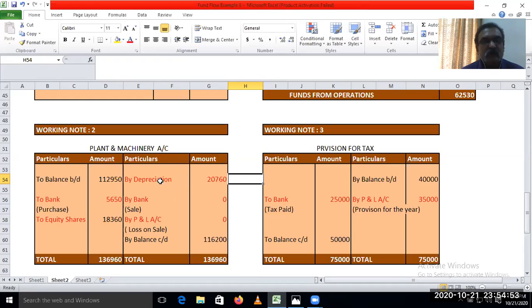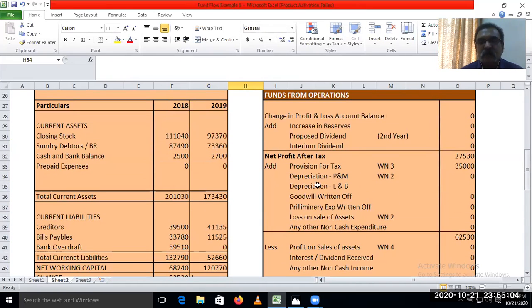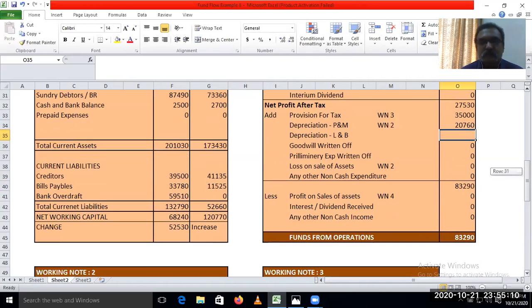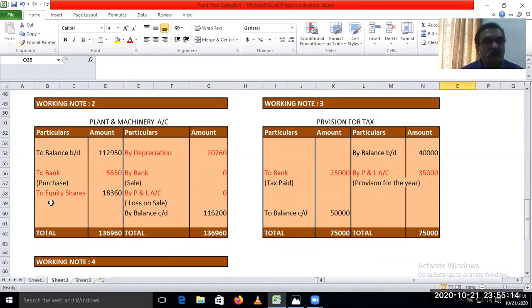Now you can check, there are the 3 figures which are in red mark. Depreciation. So depreciation first we will write in funds from operations. So in funds from operations, depreciation plant and machinery 20,760. Okay. The other two: bank. This is the purchase of additional plant by way of bank, rupees 5,650.